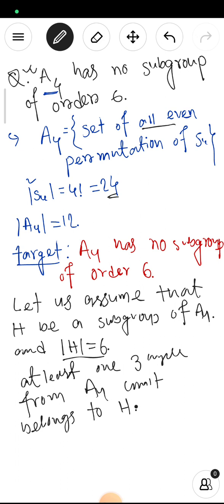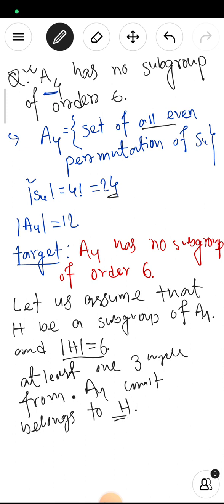I hope you understand. Because the order of H is equal to 6, and we know that the number of 3-cycles in A4 is 8. So if 8 elements belong to H, then there are 9 elements, so the order of H would be 9, but we assumed that the order of H is 6. So at least 1 3-cycle from A4 cannot belong to H.